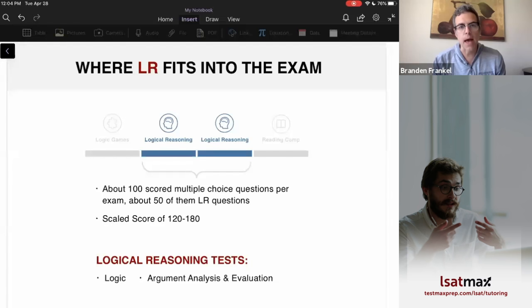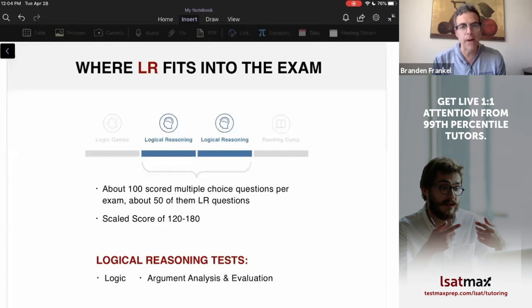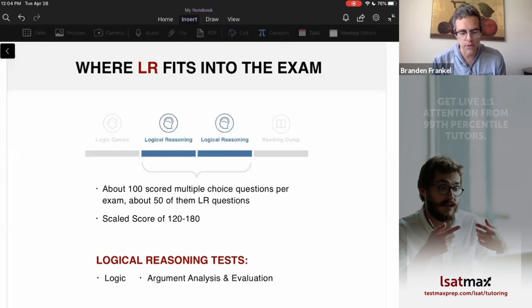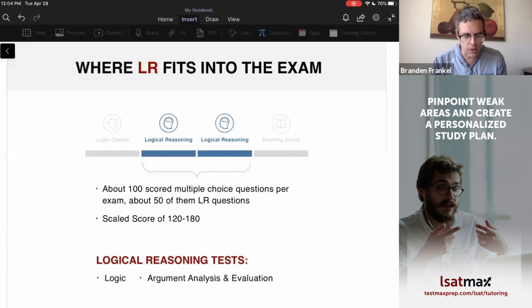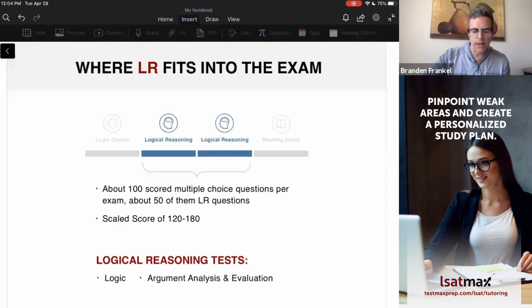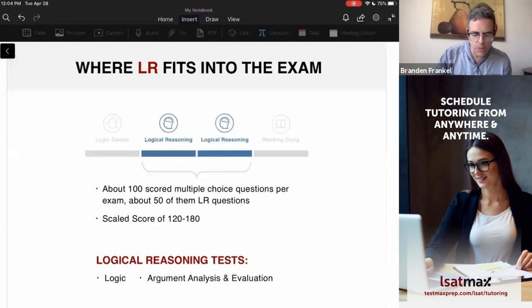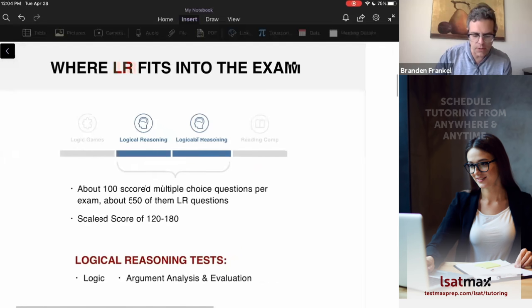Well, the LSAT before the LSAT Flex was 5 35-minute sections, and they've done away with a couple of the sections. So as you can see here, when it says where LR fits into the exam, those 5 sections, 4 of them were scored sections, and 2 of those scored sections were always logical reasoning.